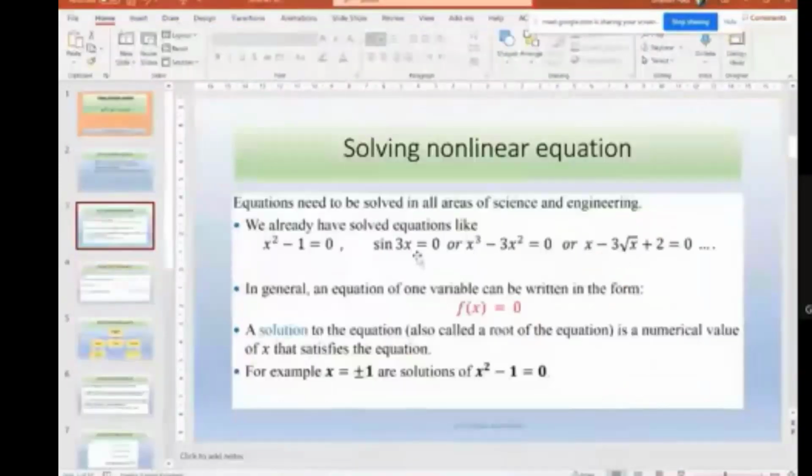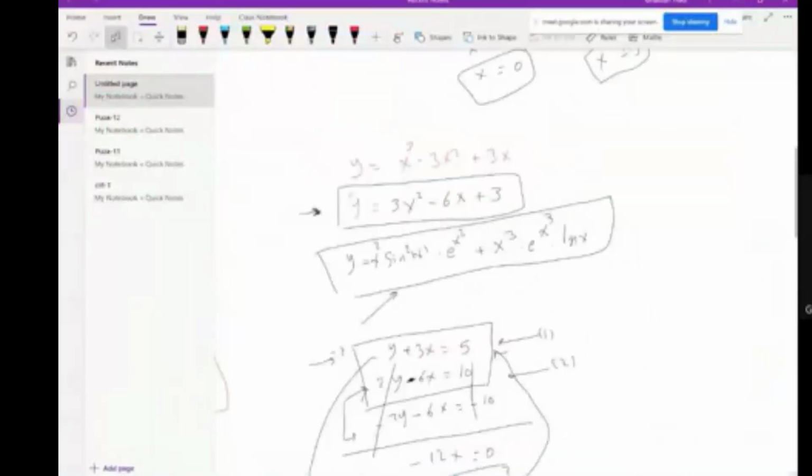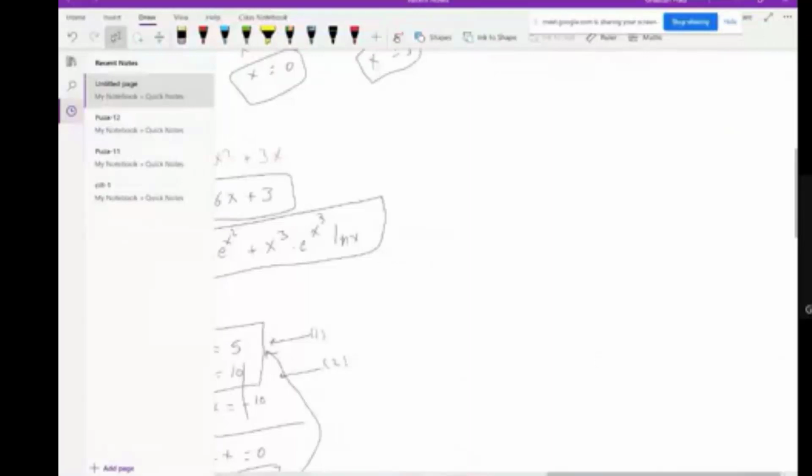Now, let's take another one. Let's take this. Sine 3x equals 0. Now, how to solve that?